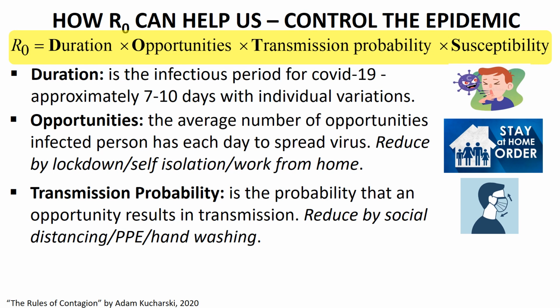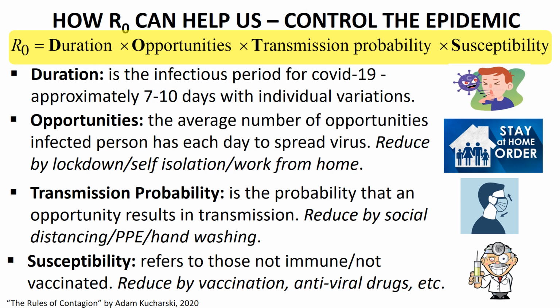And you reduce that by social distancing, PPE, and hand washing. And finally, there is susceptibility. And susceptibility refers to those not immune and not vaccinated. And you can reduce susceptibility by vaccination, of course, or antiviral drugs, etc. So that gives you 4 ways in which you can control the epidemic.